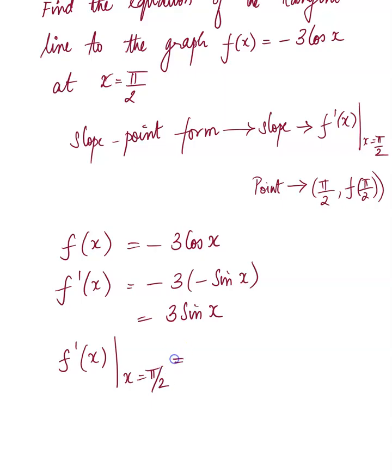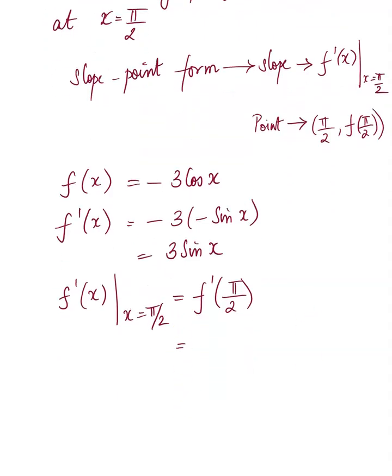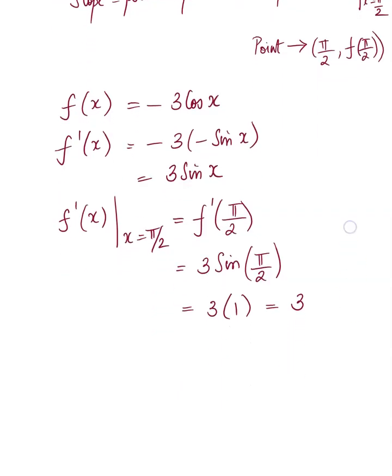But the crisper notation for this would have been simply f prime of pi over 2, because in the place of x you now have pi over 2. But I want to expose the two ways we can write that. And so f prime of pi over 2 will be 3 times sine of pi over 2. Sine pi over 2, sine 90 degrees, that's going to be 1, which is 3 times 1, 3. So we found the slope.